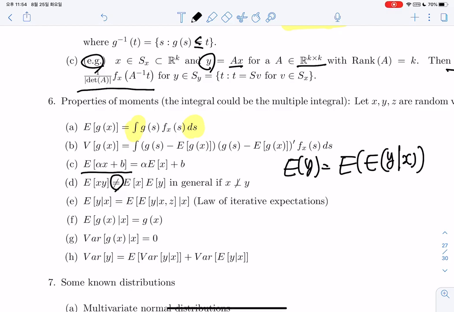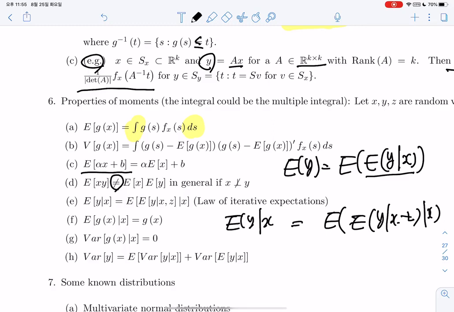So you take the expectation of y given x first, and then take the expectation again. That's going to give you the expected value of y. Expected value of y given x and z: if you take the expected value of y given x and z, given x, it gives you the expected value of y given x.